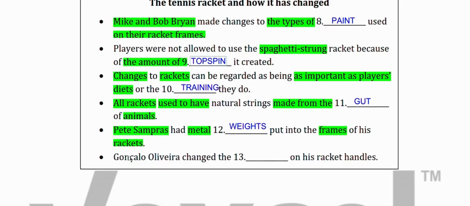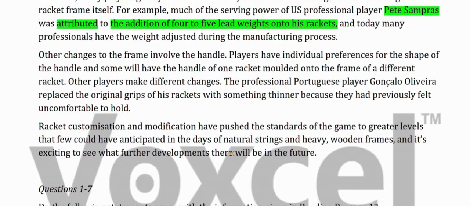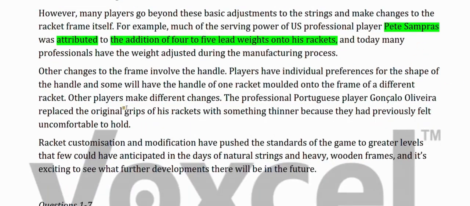Now to the last question. Gonçalo Oliveira changed the dash on his racket handle. So if I am pronouncing it incorrectly, I am sorry in advance. So this particular person, Gonçalo Oliveira, changed something on his racket handles. So let's see what he changed. We have read Pete Sampras here, and here is the name of this person, Gonçalo Oliveira.